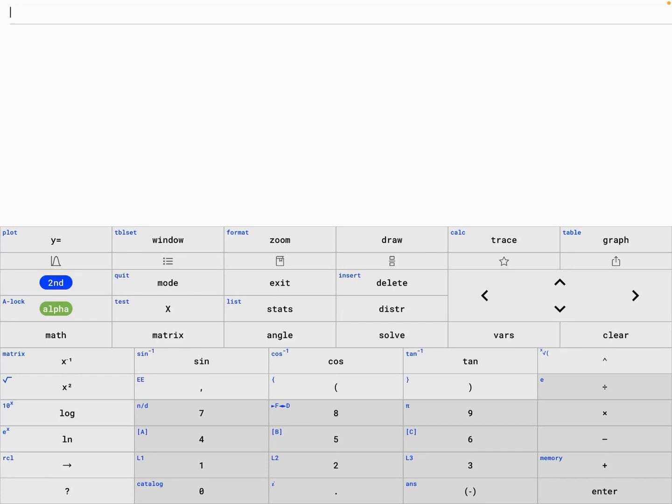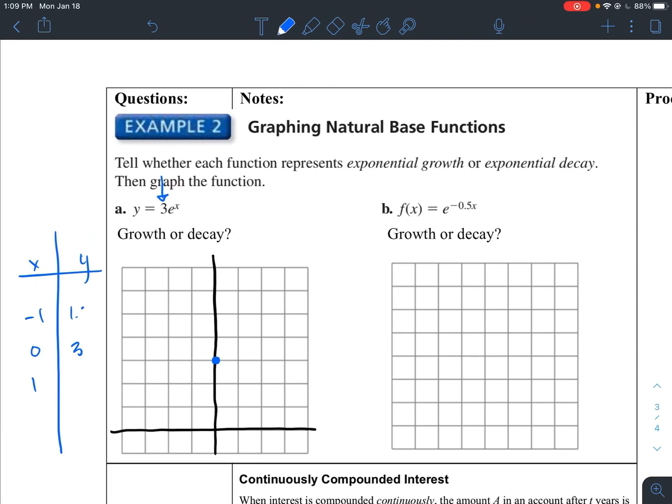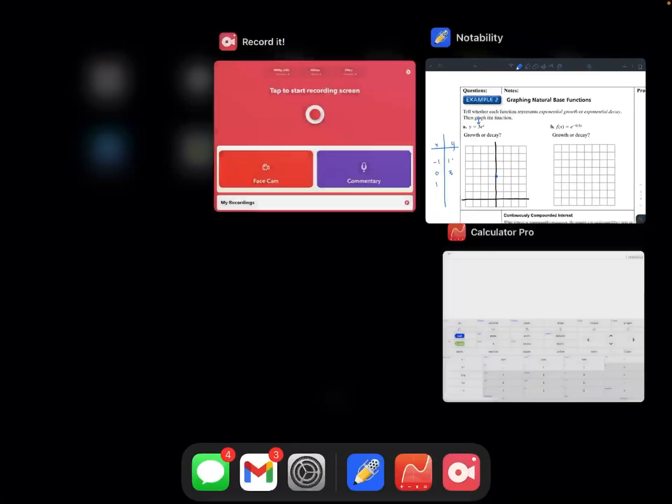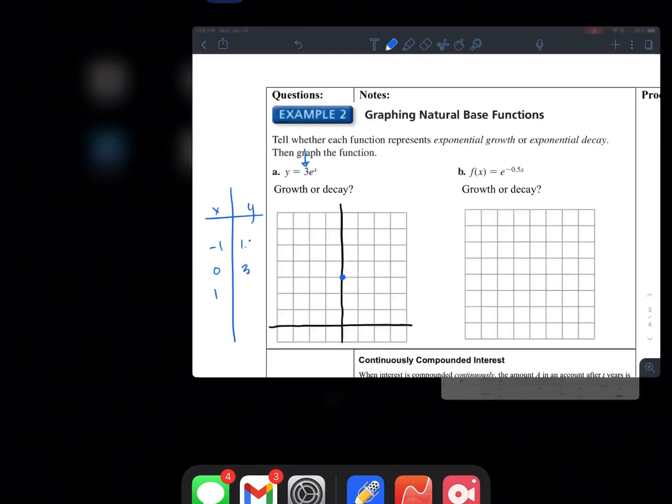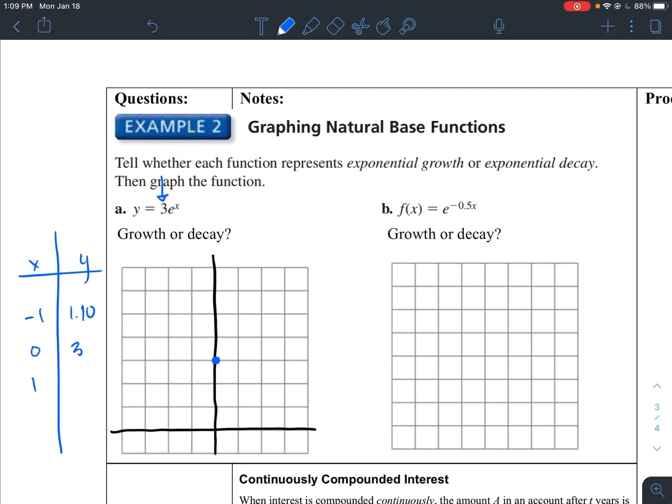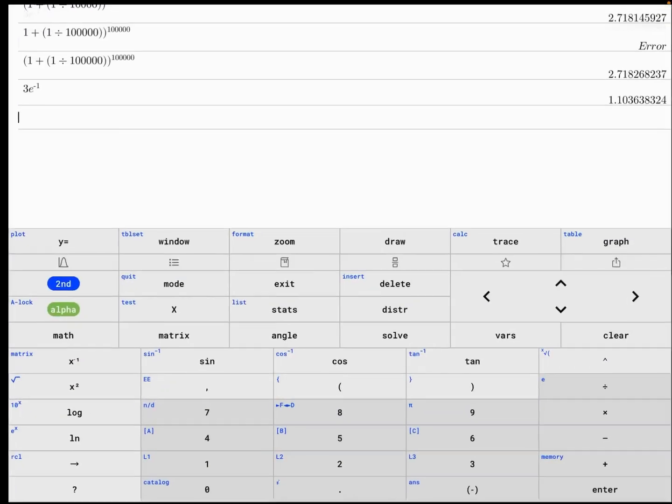Okay, so let's see. We had 3 times e raised to the, let's do -1 first. So we get 1.10. So when x is -1, you get somewhere like right there. Now let's try +1.